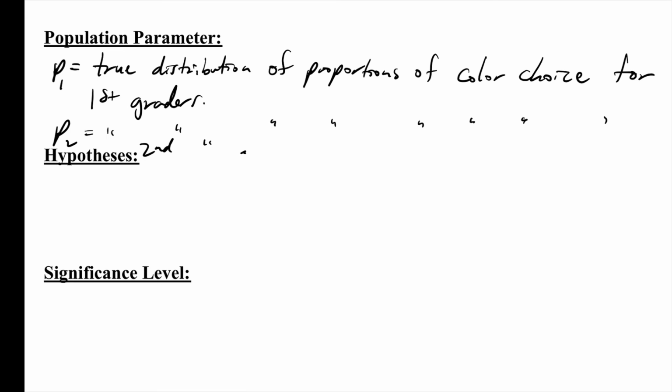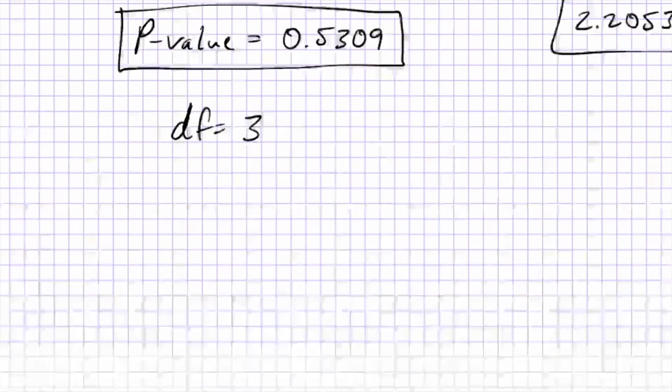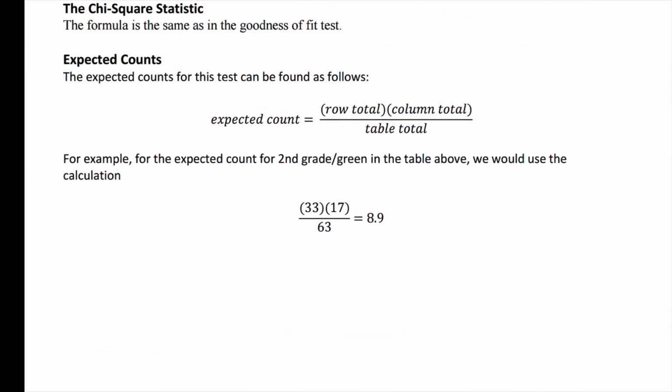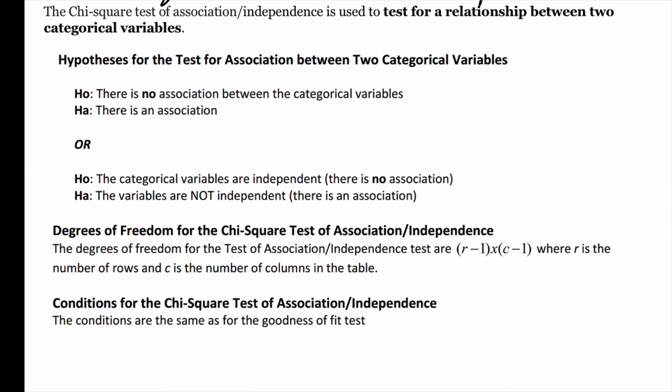Okay. Hypotheses. Scroll up a little bit. Hypotheses are going to be in words, one or the other. If they use the word association, use the first two hypotheses. If they use the word independent or dependent, use the bottom. They didn't use that word, so we can pick which one we want. Okay?